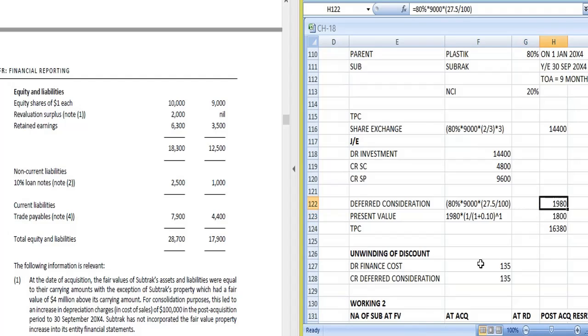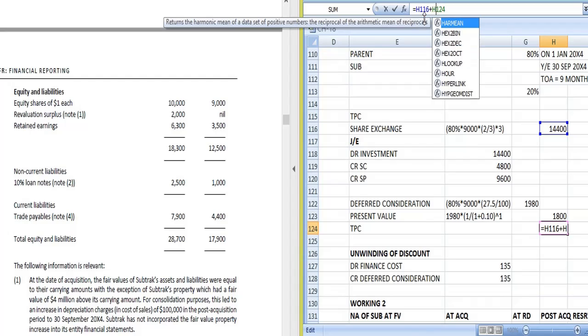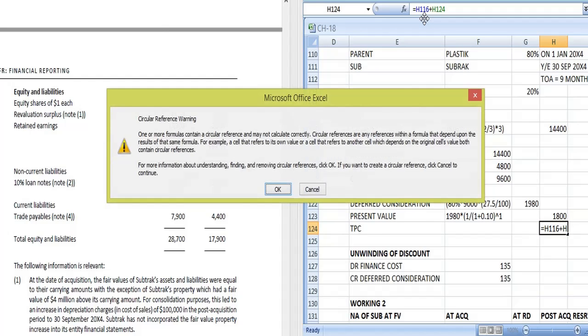We have just added the future value. Sorry, I made a mistake in the calculation. We will add the deferred consideration present value and the share exchange amount. So by mistake, I had just added the future value.